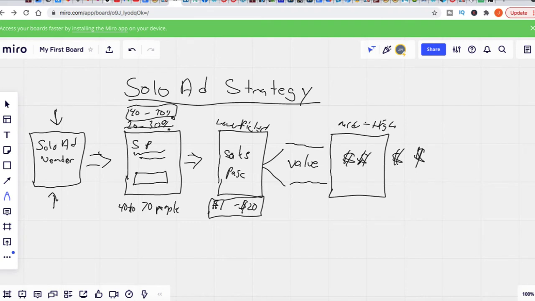Now, all this can happen at one time, or it can happen over a series of days. More than likely, it'll be a series of days because, again, these people don't know you, like you, or trust you at this point. So most of them are only going to be willing to spend about $20 with you. But over time, through your email follow-up, and that's what we're going to discuss now, you can get to the point where you can send them to other offers, whether mid-ticket, high-ticket, recurring, or membership sites.